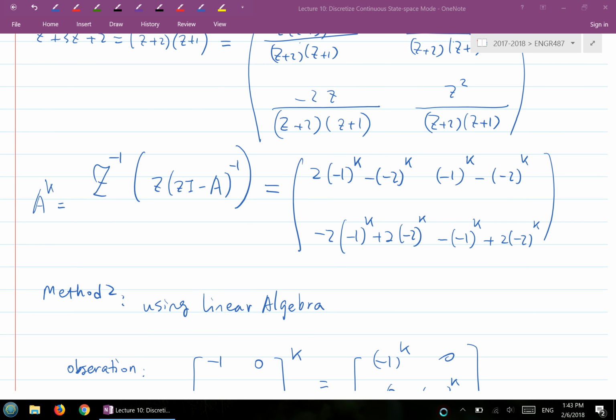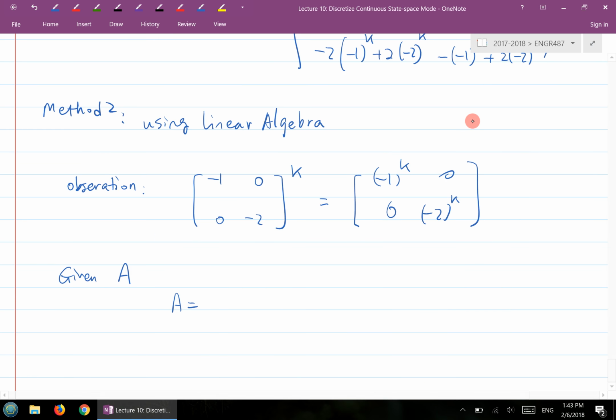If I call this matrix AW, then AW is a diagonal matrix whose elements are the eigenvalues from the original A matrix. Does it matter which one the first eigenvalue is? It doesn't matter. It can be -2 and -1 instead of -1 and -2.